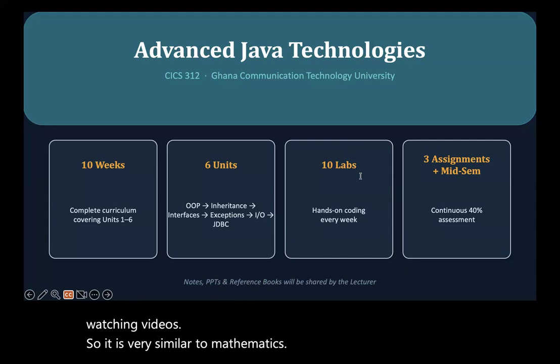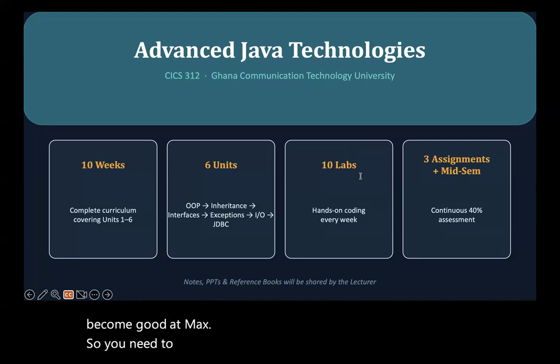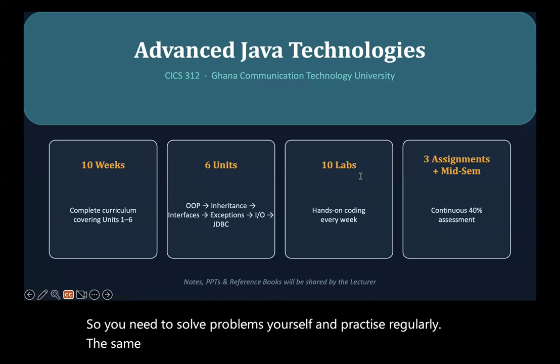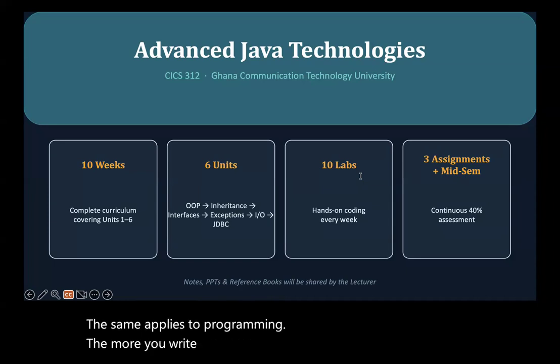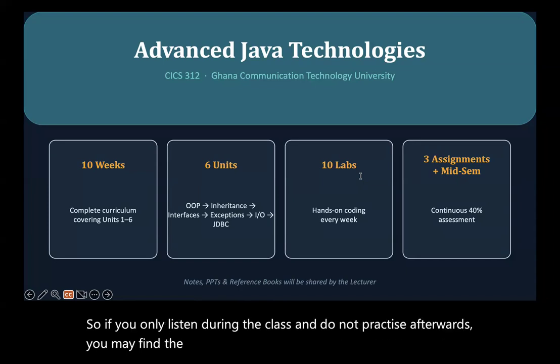If you only watch someone solve maths problems, you won't become good at maths. You need to solve problems yourself and practice regularly. The same applies to programming. The more you write code, the more you'll understand the concept. If you only listen during the class and do not practice afterwards, you may find the topics difficult.